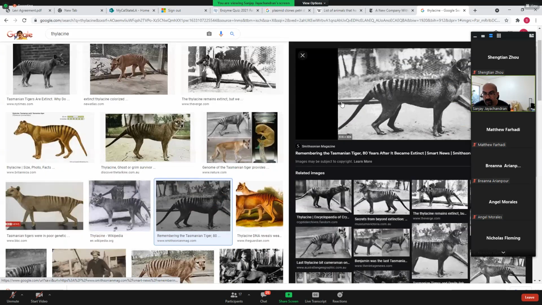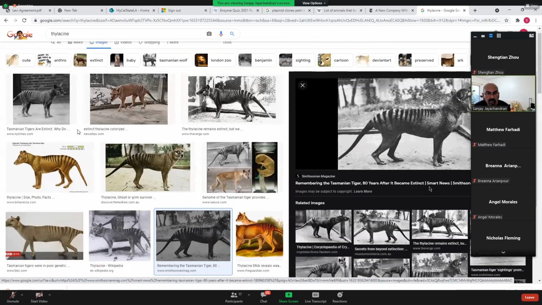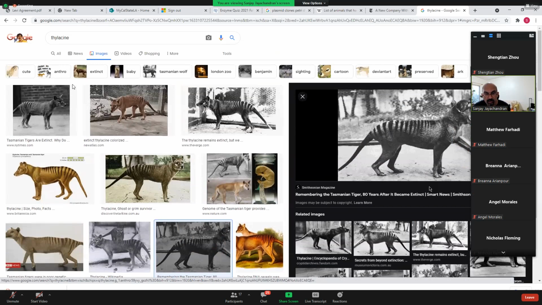This is called a thylacine. These are zoo images. They used to eat kangaroos, and they went extinct because human beings drove them to extinction in the 1930s. So they wanted to reclone this back. Very tough to do, but you need intact cells. But CRISPR might change all that.